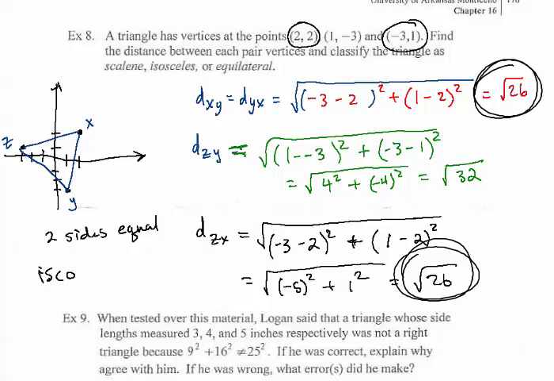Oh, it's a hard word to spell, but isosceles triangle. Okay, so quite a bit of work, but same formula in each case. You have to calculate the distance between three different points.